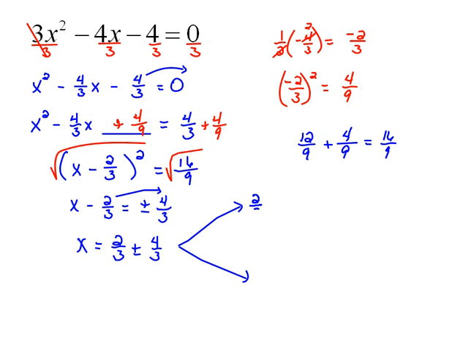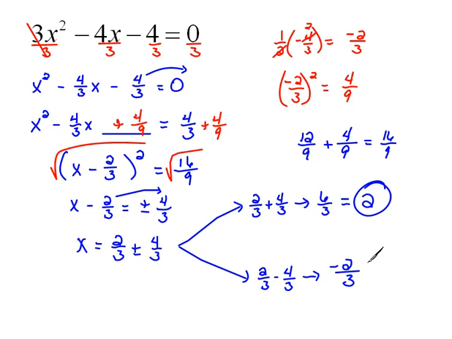So we have 2 thirds plus 4 thirds and 2 thirds minus 4 thirds. Well, adding 2 thirds plus 4 thirds would be 6 thirds, which is 2. And then 2 thirds minus 4 thirds would be negative 2 thirds, and we can't reduce that down anymore, so there's our answer for that one.